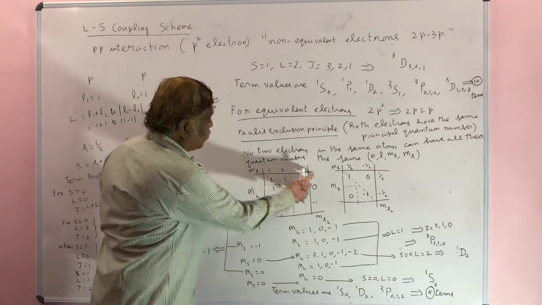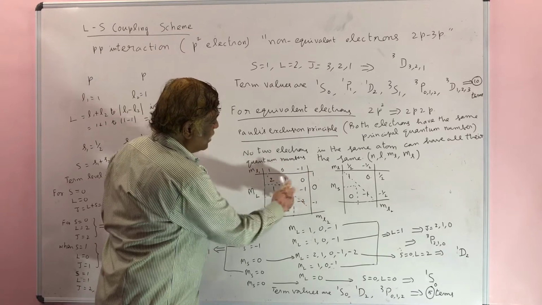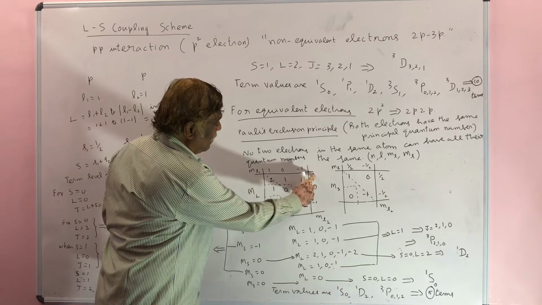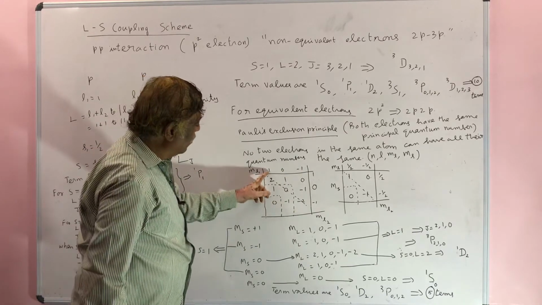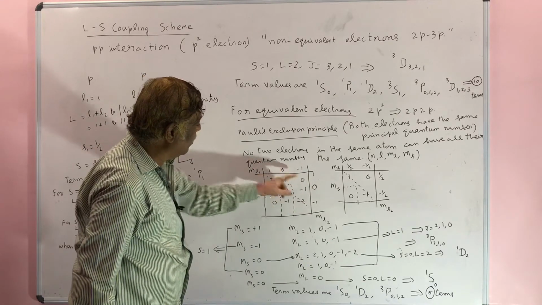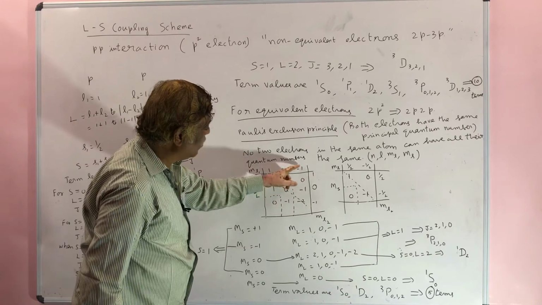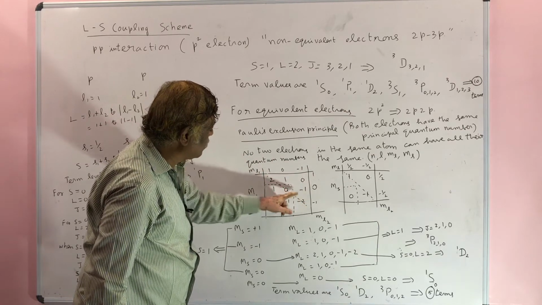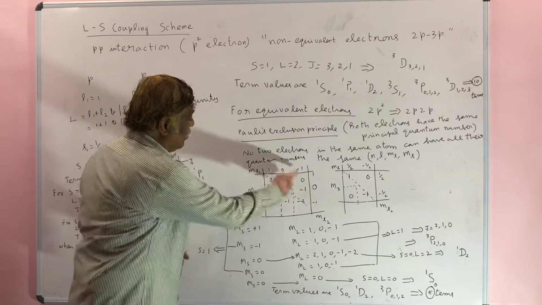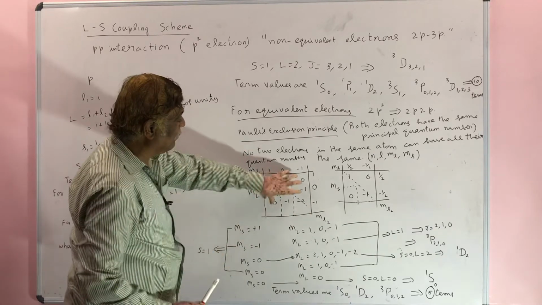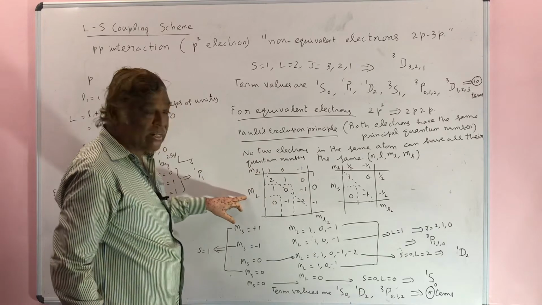So 1 plus 1 is 2, 0 plus 1 is 1, minus 1 plus 1 is 0. So 2, 1, 0. Here 1 plus 0 is 1, 0 plus 0 is 0, minus 1 plus 0 is minus 1. So you sum Ml1 plus Ml2 and form the table. These numbers are the resultant Ml.